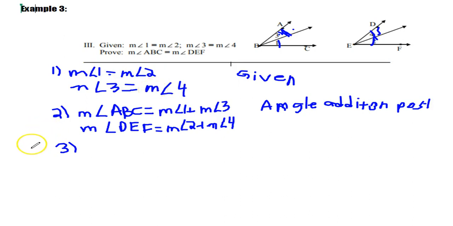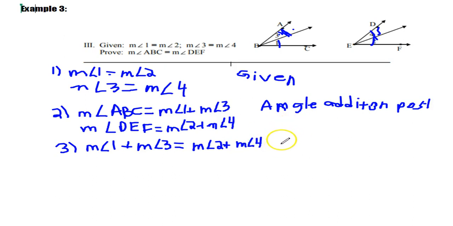So here's what I'm going to do. I'm going to say measurement angle 1 plus measurement angle 3 equals measurement angle 2 plus measurement angle 4.